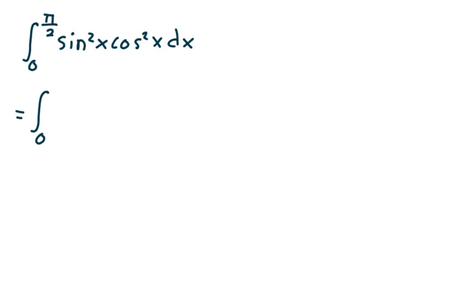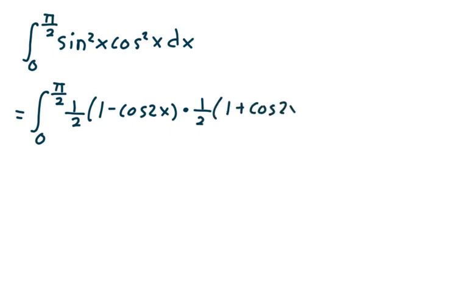So the integral from 0 to pi over 2 of sine squared x cosine squared x dx can be written as the integral from 0 to pi over 2 of 1/2 of 1 minus cosine 2x times 1/2 of 1 plus cosine 2x dx.